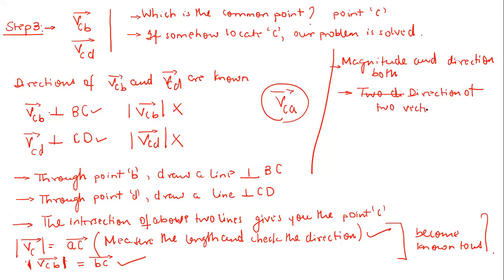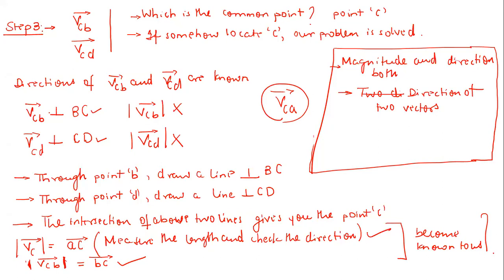This is a very important point. While doing the graphical analysis, if you remember these two points, every problem is easy to solve, right? If you have to draw a vector, either you know the magnitude and direction both, or if the direction of two vectors is known, then also you can solve the problem.